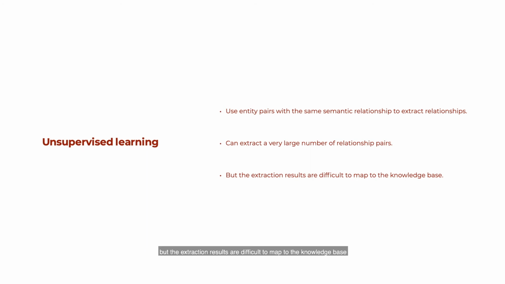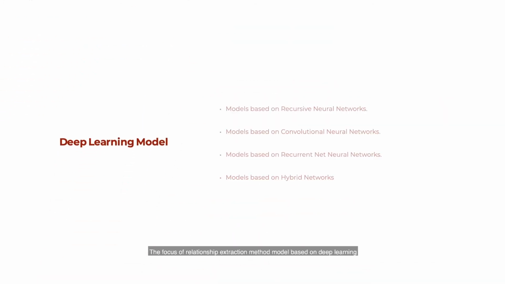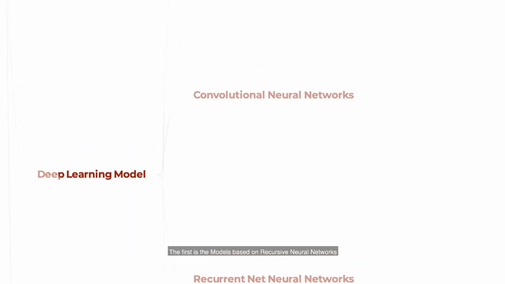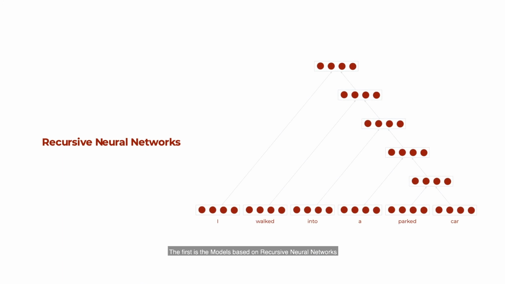The focus of relationship extraction models based on deep learning is to use the characteristics of different neural networks to extract the features of the sample, which is represented by the vector of the learning sample. Some classic models will be presented today. The first is the model based on recursive neural networks.